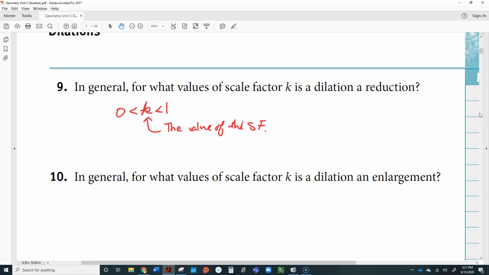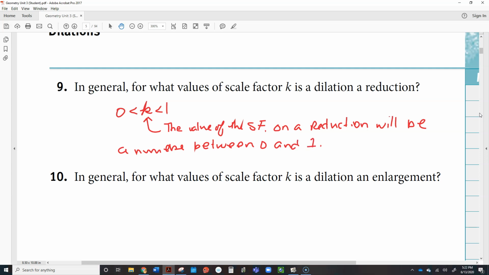The value of the scale factor on a reduction will be a number between 0 and 1.